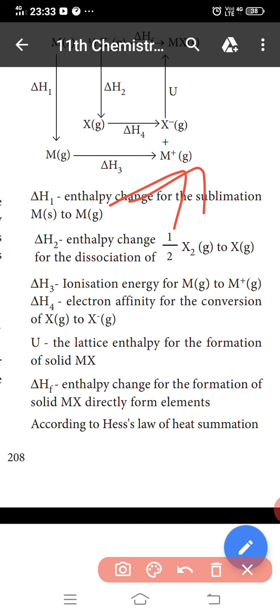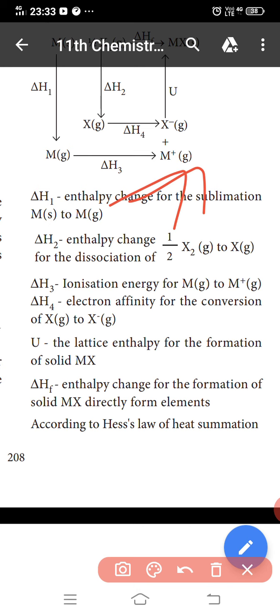The third, ΔH3, is the ionization energy for metal to M+. ΔH4 is the electron affinity for the conversion of X to X minus. U means the lattice enthalpy for the formation of solid MX. And ΔHf means the enthalpy change for the formation of solid MX directly from the elements.